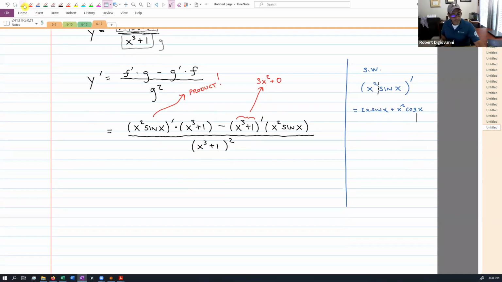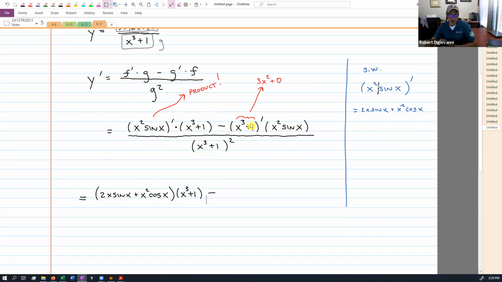Okay, I think we're ready. This is going to be equal to this top left, which is the derivative of that, which is everything that Gabriella just said. It's 2x sine x plus x squared cosine x. That's just the top left corner. We still have to multiply that times x cubed plus 1.